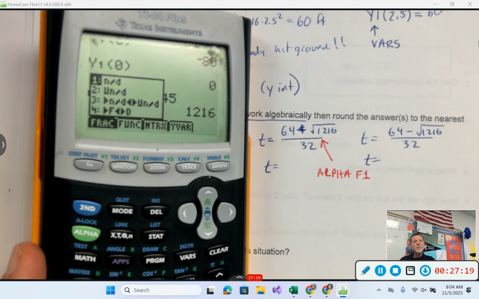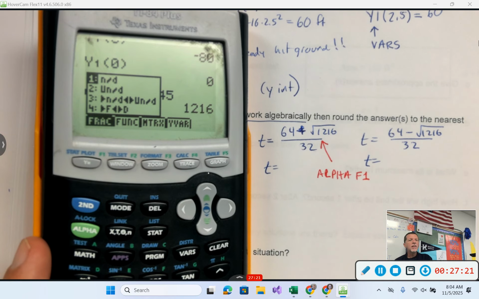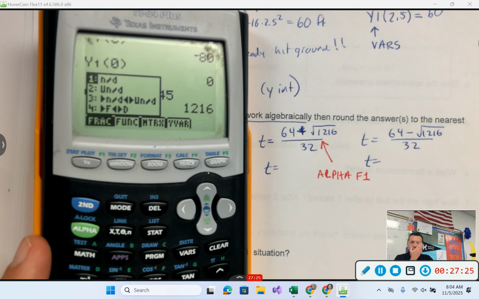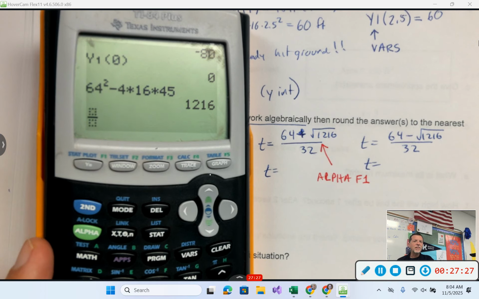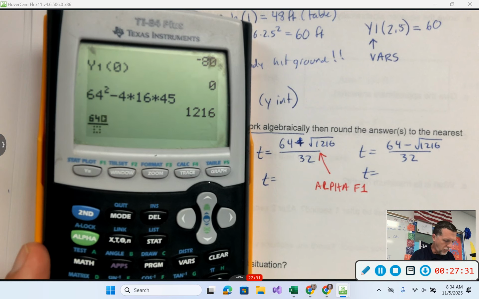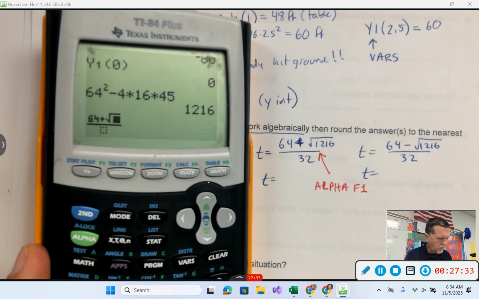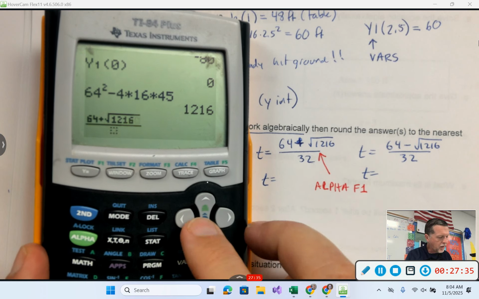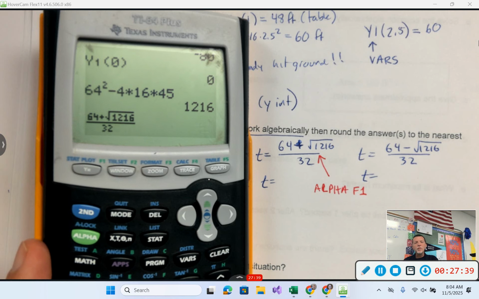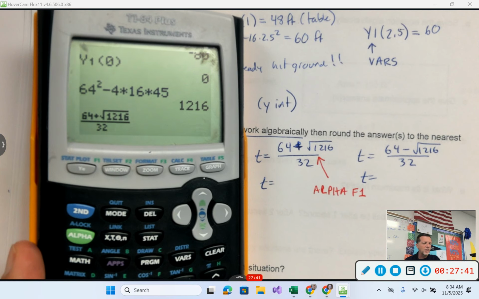So alpha F1, that first option, what do you think N and D stand for? Numerator and denominator. So N over D. And then it's really easy to see that you want 64 plus square root of 1216 in the top and 32 in the bottom. And then you don't have to worry about parentheses because you've got everything in the right spot.